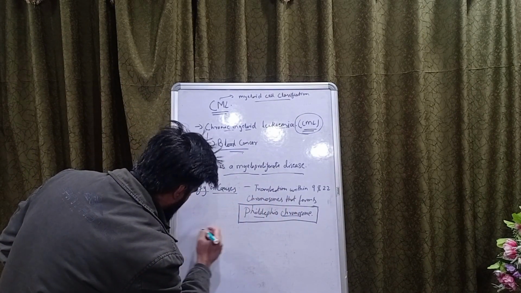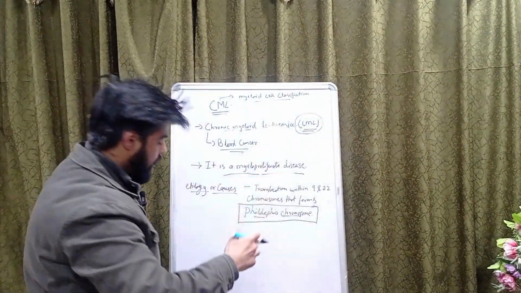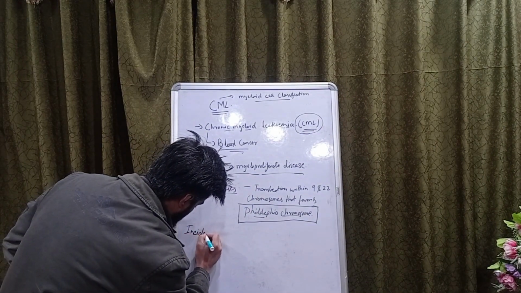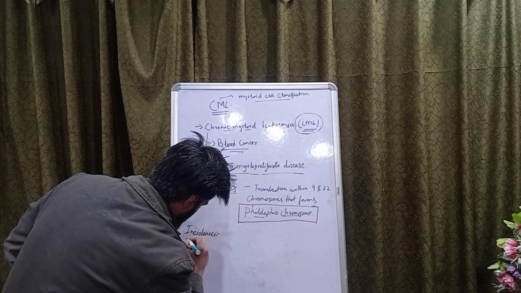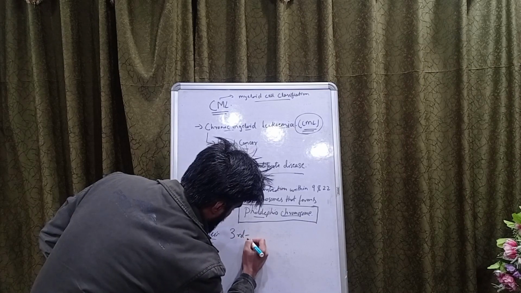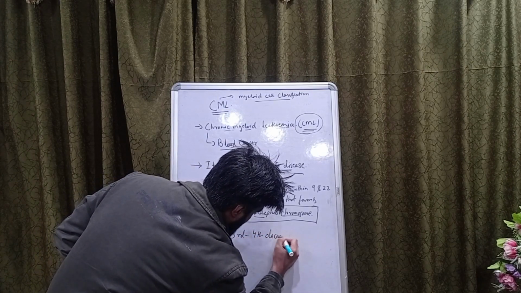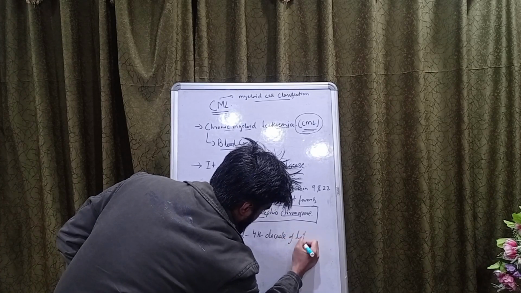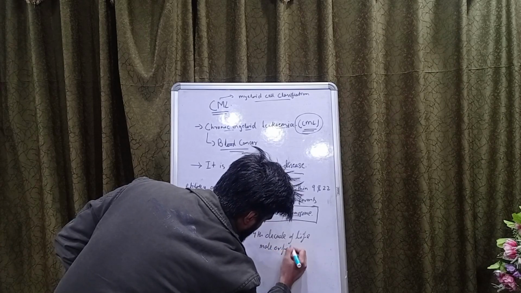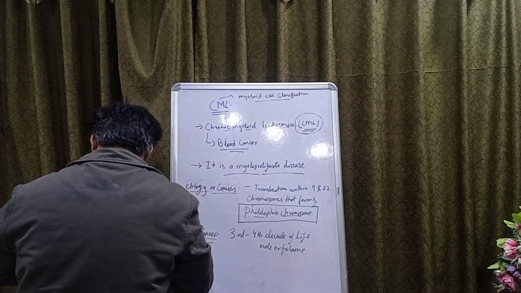Next, let's see at what age it can occur. Incidence. It can occur within the third to fourth decade of life, whether male or female, both. I'm sorry for the spelling.